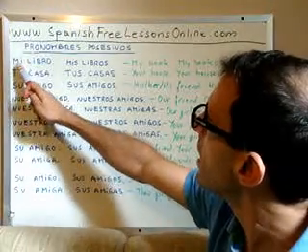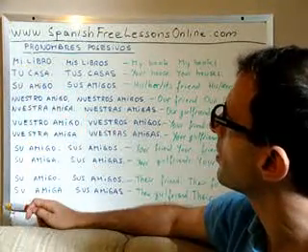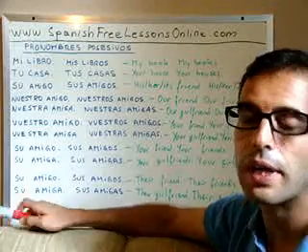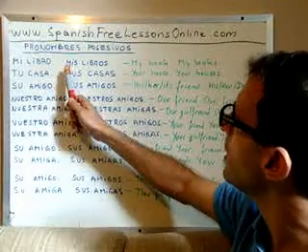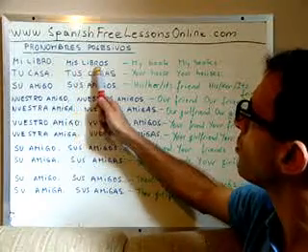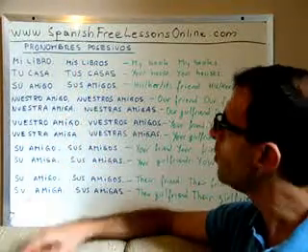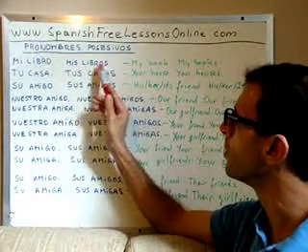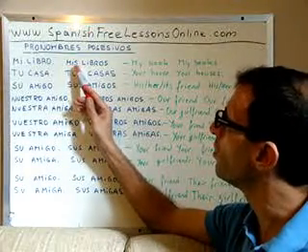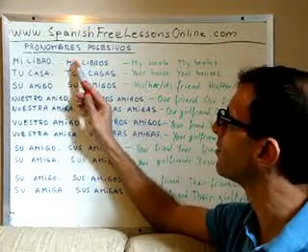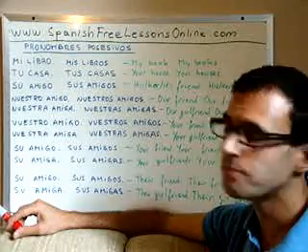Mi libro, my book. Now, if we want to say my books in plural, we say mis libros. So not only the noun goes in plural, but also the pronombre posesivo also acquires an S for the plural, okay?